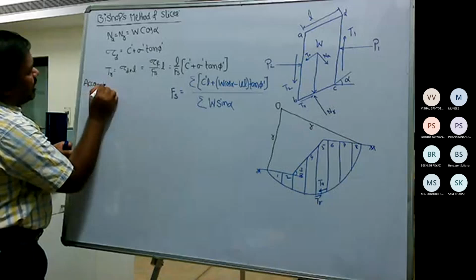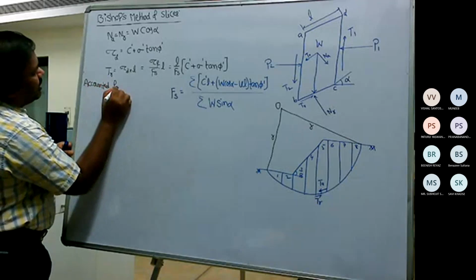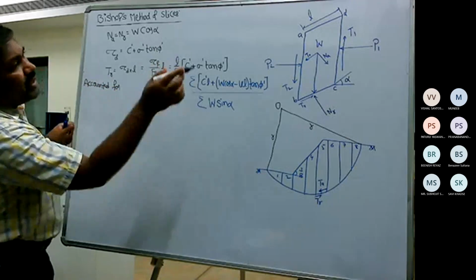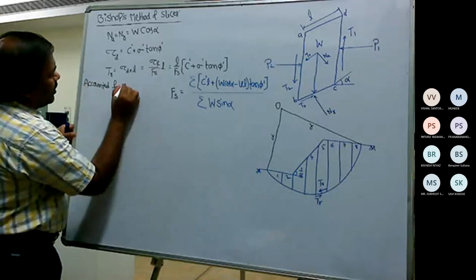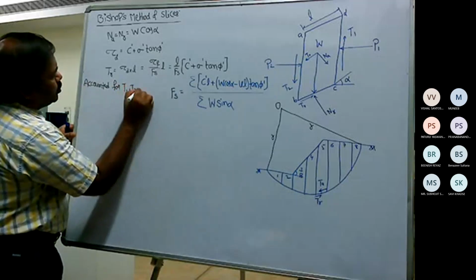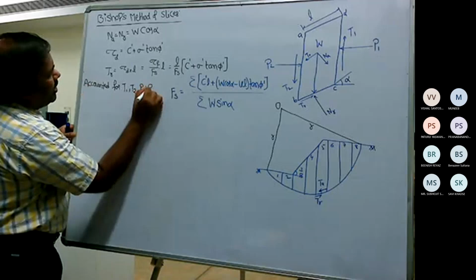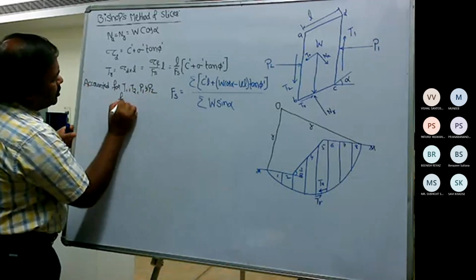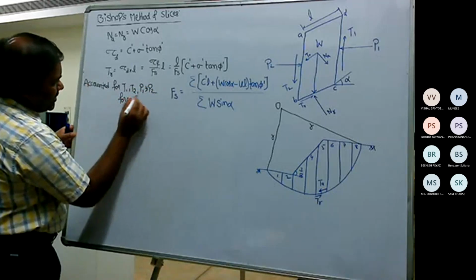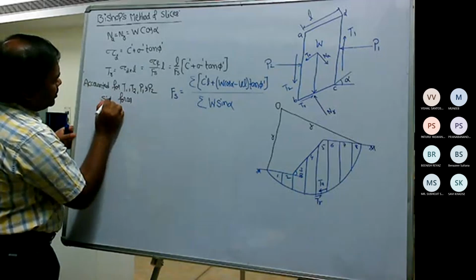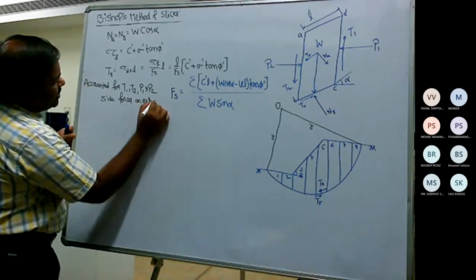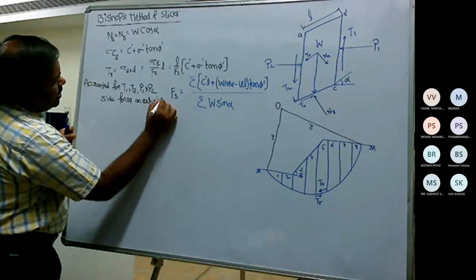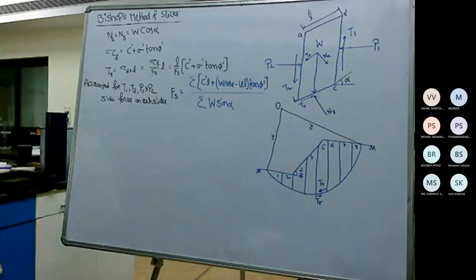Bishop has accounted for T1, T2 and P1, P2. So that is, these are the side forces on each slice.